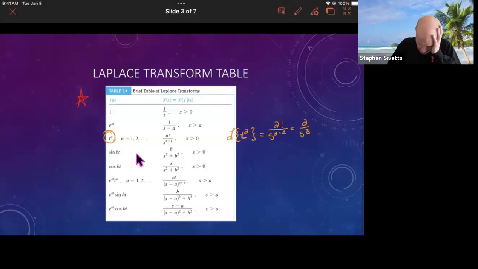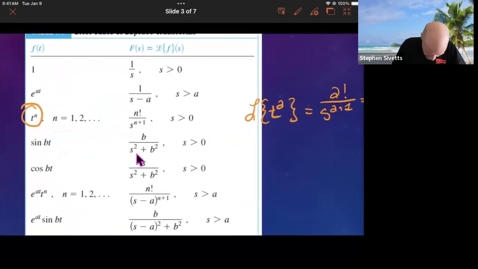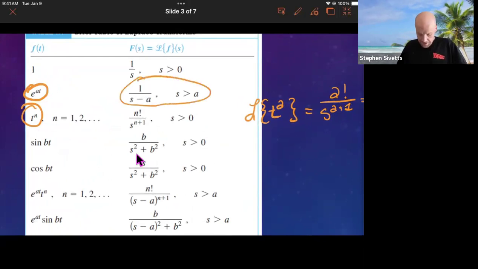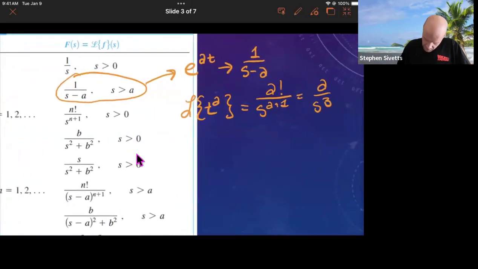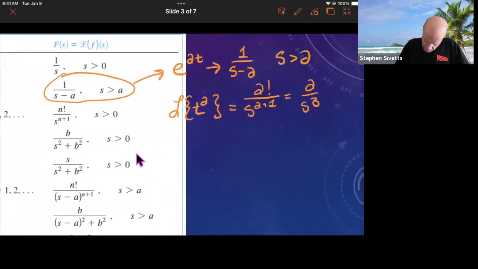Now e to the 2t looks like this quantity here, right? And the Laplace transform of e to the at is 1 over s minus a, when s is greater than a. So what that means is e to the 2t has a Laplace transform corresponding to this function, 1 over s minus 2, and then s is greater than 2.